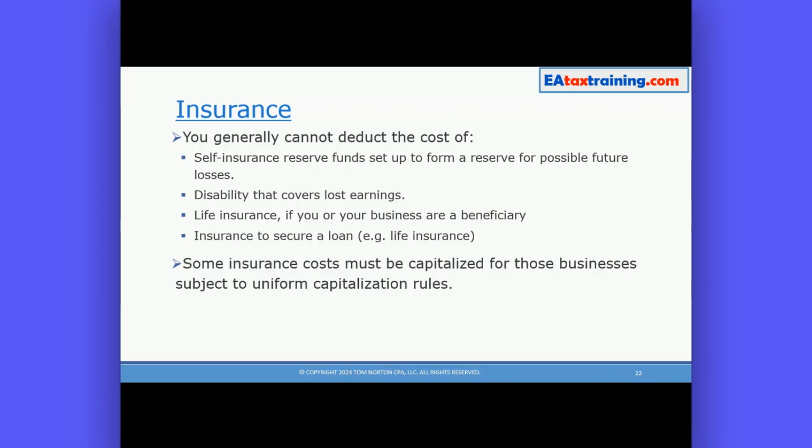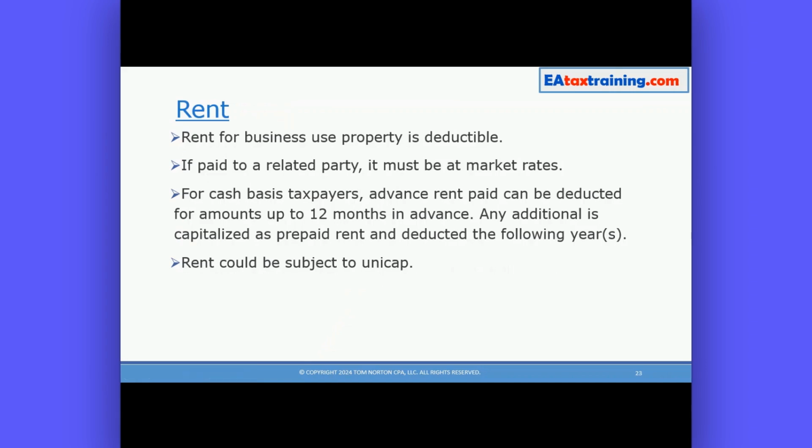And so they might require you to get a life insurance policy that will pay off the loan in the case of your death. So the amount that you pay for that policy would not be deductible. And then the reminder that some insurance costs could be subject to uniform capitalization.